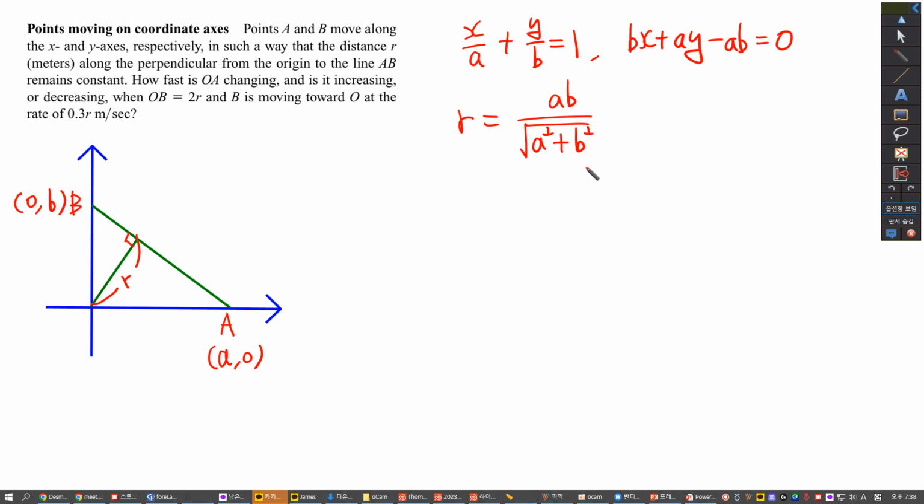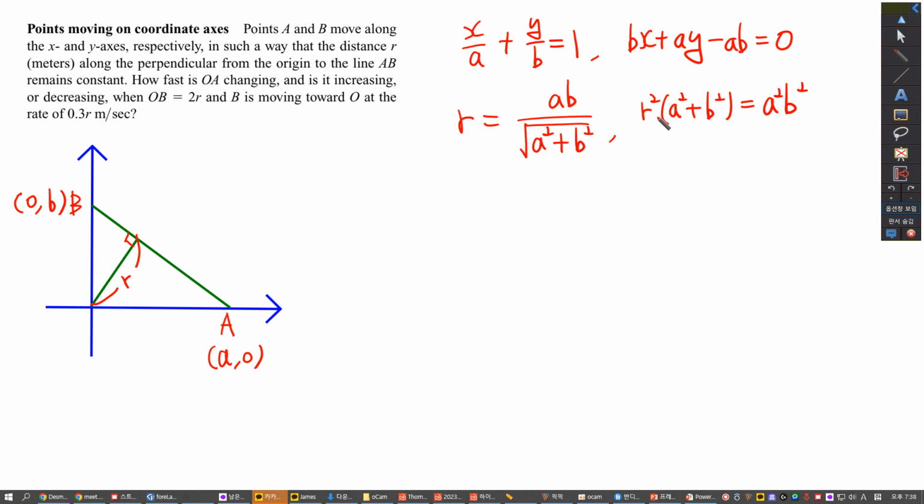And we want to differentiate this equation. But because this equation is a little complicated, I'm going to square both sides to remove this square root. After making these squares, we can differentiate each side.